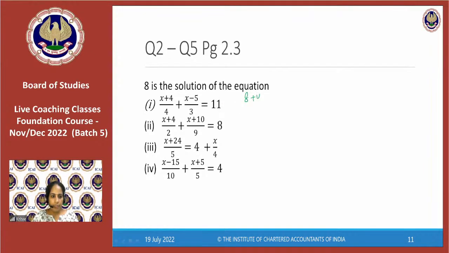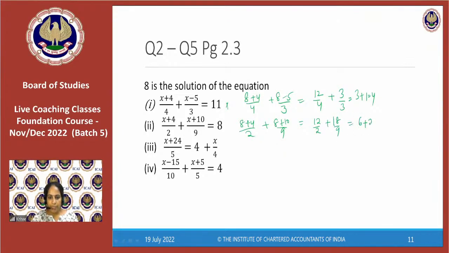So (8 plus 4) by 4 plus (8 minus 5) by 3. That is 12 by 4 plus 3 by 3. That is 3 plus 1, which is equal to 4. So this is not the answer. Again, (8 plus 4) by 2 plus (8 plus 10) by 9. So 12 by 2 plus 18 by 9. 6 plus 2, 8, which is the answer.